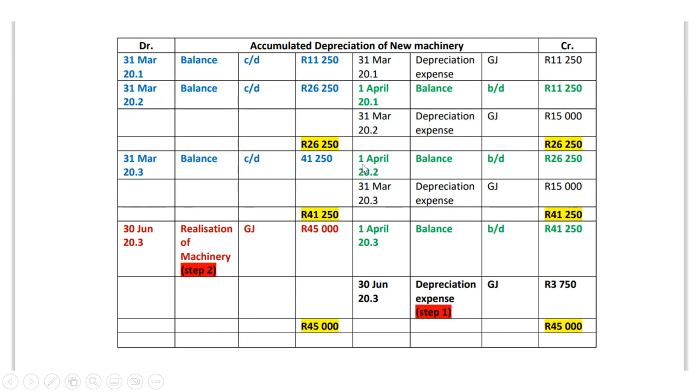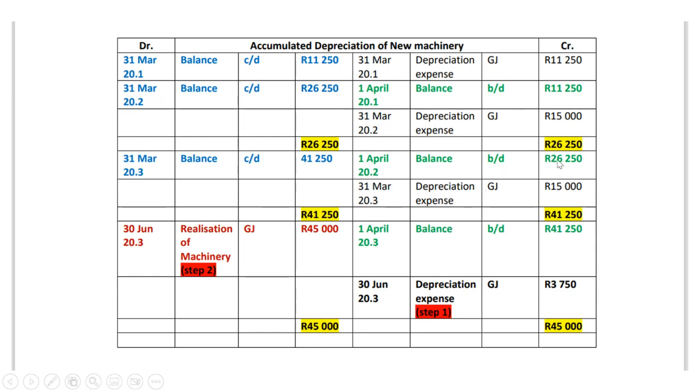So our next period's opening balance on the first date will be 1 April 20.2, and our balance brought down will be how much? 26,250. And in year 3, we had a depreciation again of how much? Of 15,000 rand. That's why we say accumulated depreciation is credited by 15,000 rand, because we debited the depreciation expense of 15,000 rand.